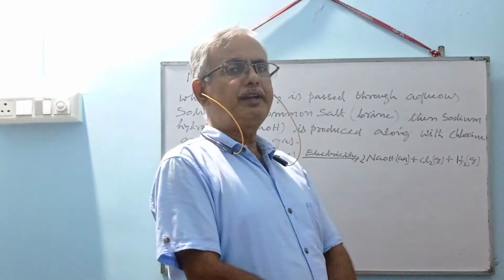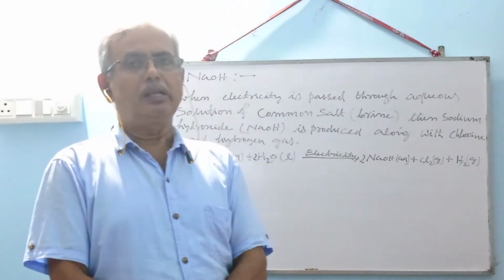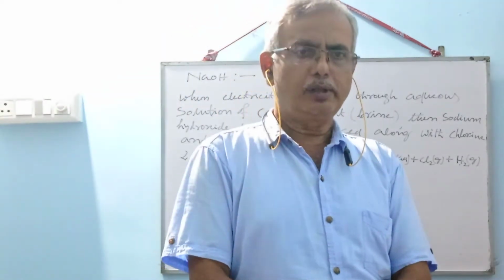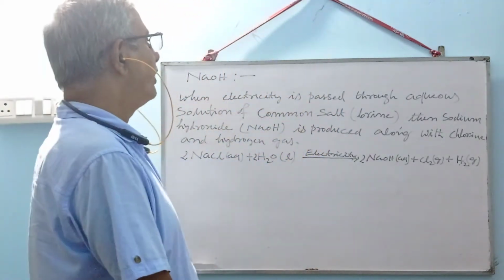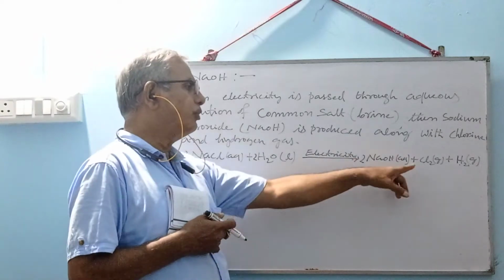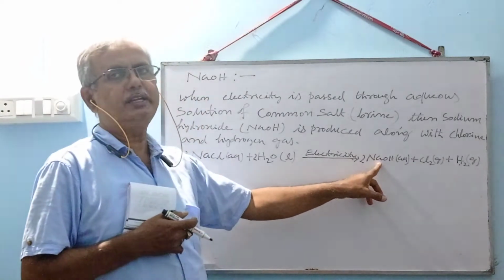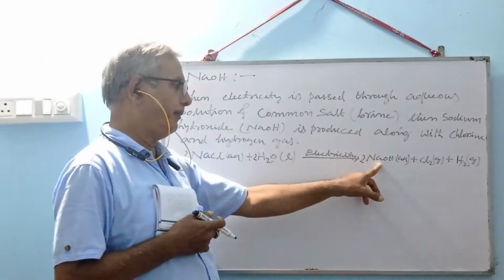Here the reaction is called chlor-alkali. Why is it called chlor-alkali? Because in this reaction we are seeing that chlorine gas is produced, and alkali. Sodium hydroxide is called alkali because this is a base which can dissolve in water.